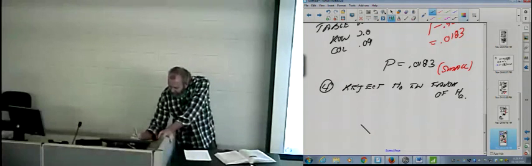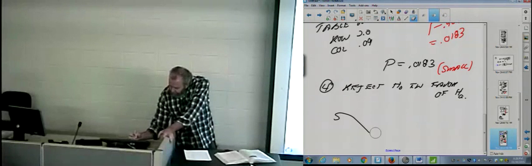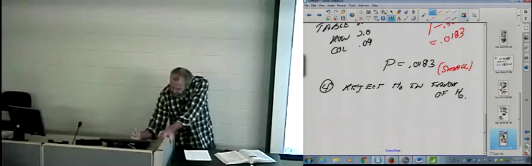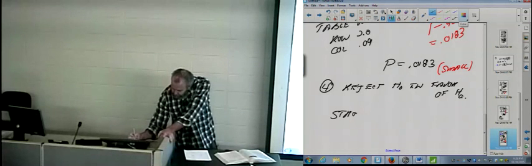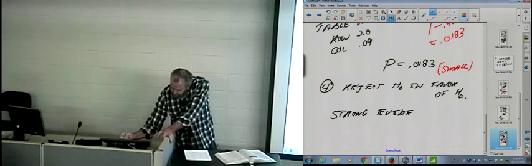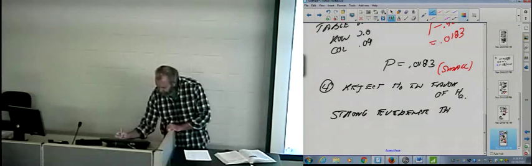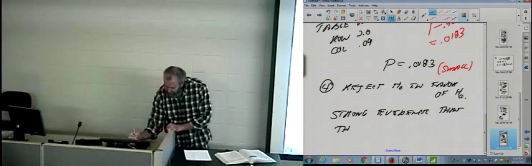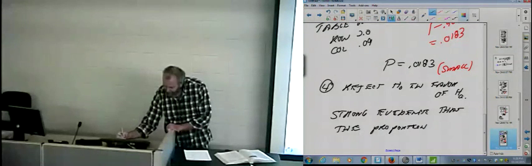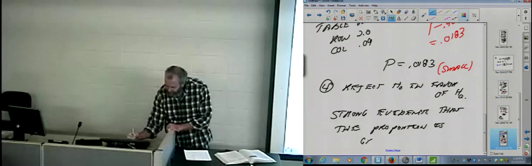I got strong evidence that the proportion is greater than 0.15.